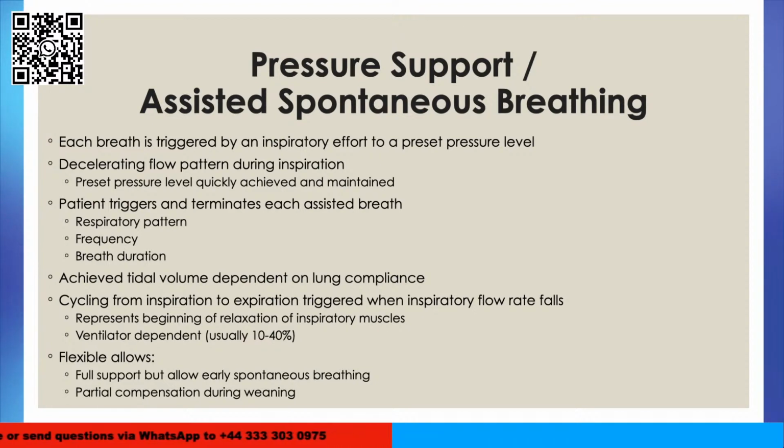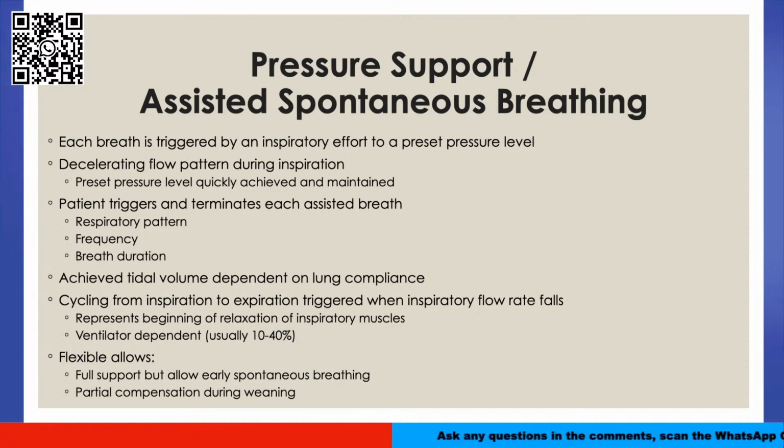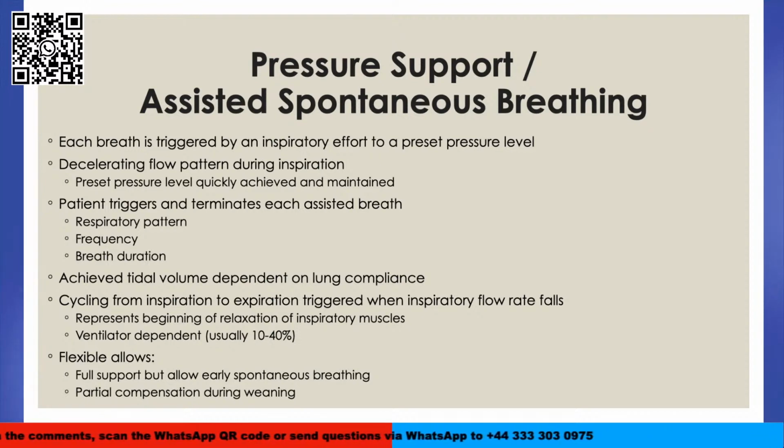The machine will cycle from inspiration to expiration, and this is triggered when the inspiratory flow rate falls. When the flow rate is falling, that's indicating the beginning of the respiratory muscles going into relaxation. The amount of fall in the inspiratory flow rate will depend on the ventilator, so it will detect something between 10 and 40% of a fall in flow rate, and that will then trigger expiration.